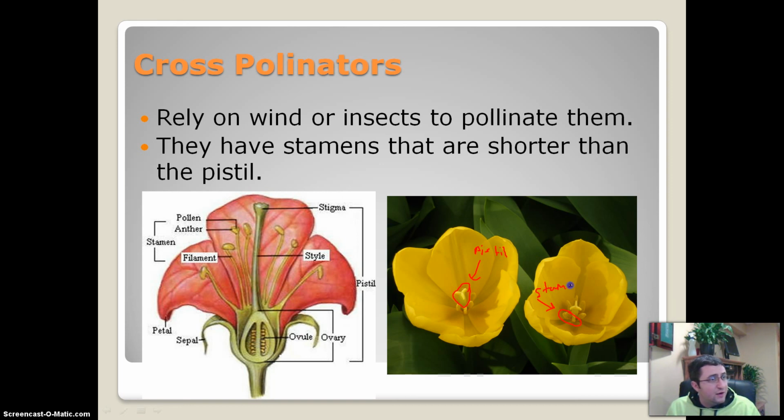If you think about it, since the stigma is taller than the stamens, how could this flower pollinate itself? Probably not very easily. The pollen would have to go up over and hit the stigma. So this probably doesn't pollinate itself. Probably this flower relies on animals or the wind to blow that pollen all around, and it will hopefully land on the stigma, eventually fertilizing the ovary down here.